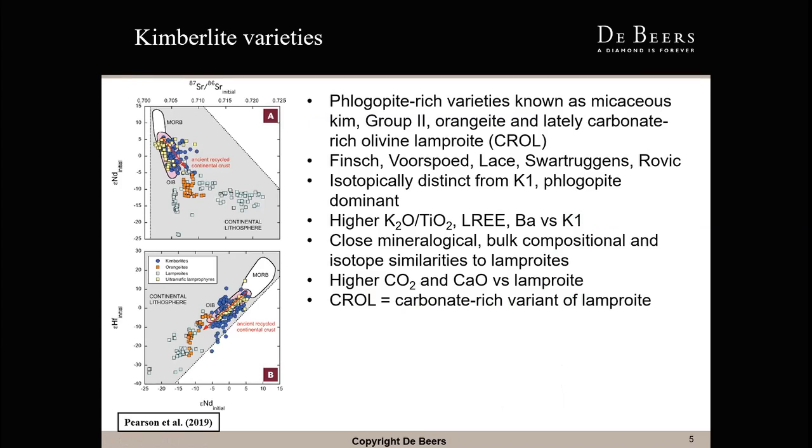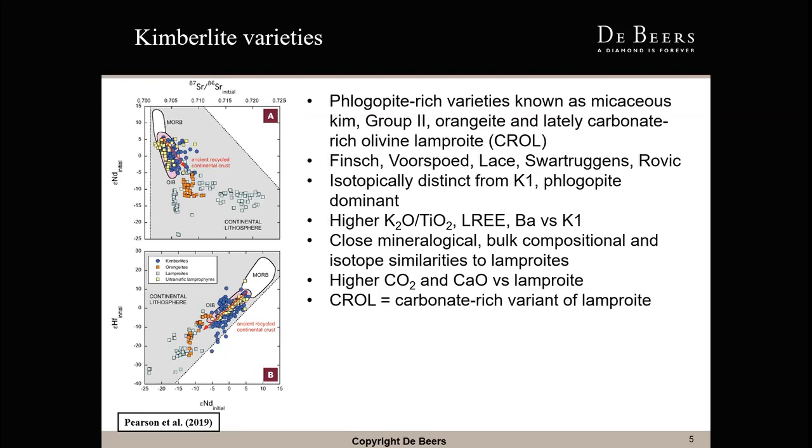Some examples of these types of kimberlites, the group 2s, that is, would be things like Finsch, Voorspoed, Lace, Swartruggens, and then Roberts Victor. Those are just some of the common ones, or the better known ones in South Africa. As I've mentioned, isotopically distinct and phlogopite dominant in the case of the group 2s.